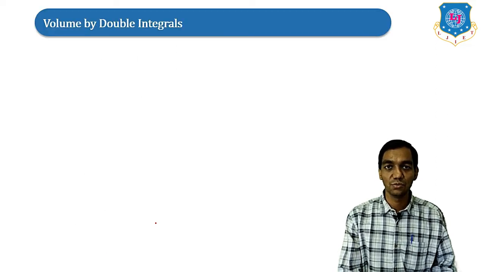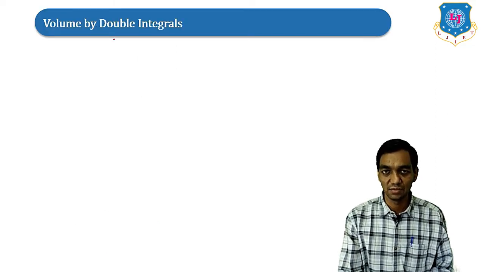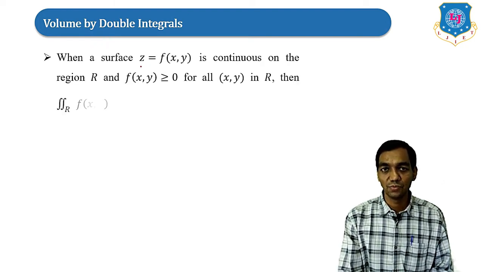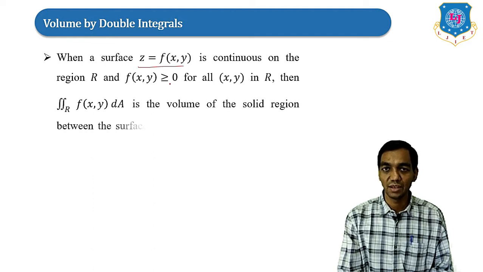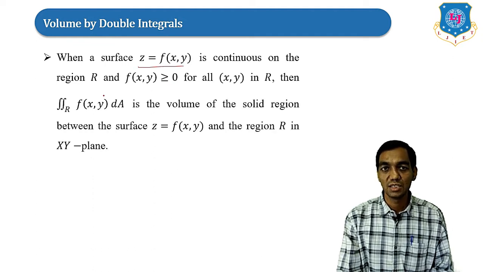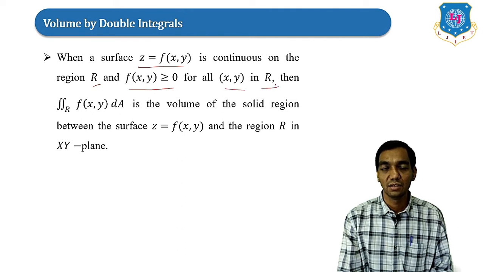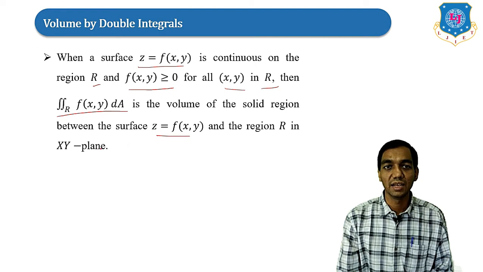Now we are going to find the volume by double integration. If suppose z is equal to f of x comma y is a continuous surface on a region capital R, and f of x comma y is greater or equal to 0 for all xy in the region capital R, then double integration f of xy dA is called the volume of the solid region between the surface z is equal to f of xy and the xy plane.